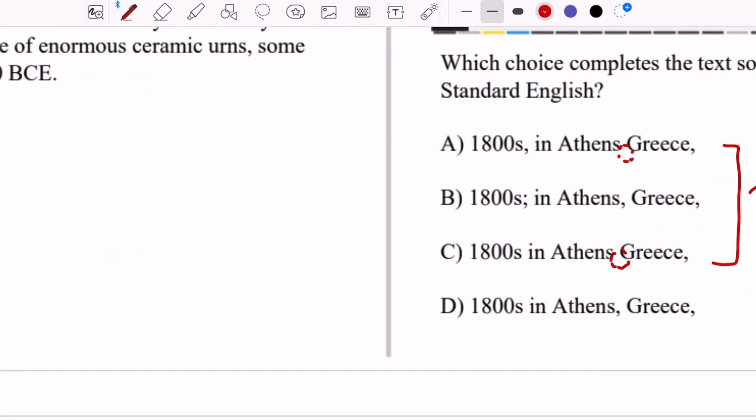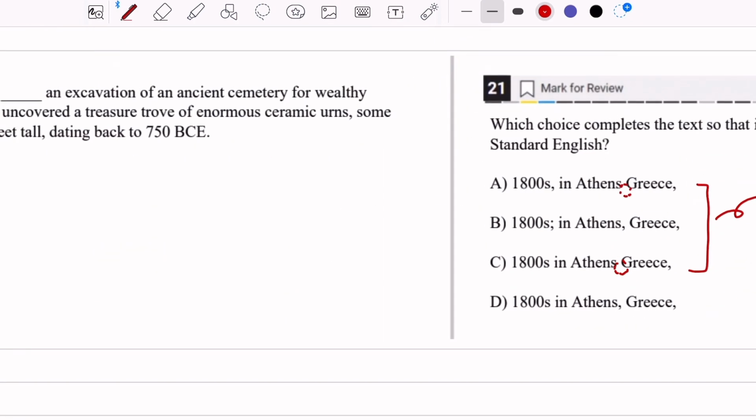And let's see, do we need a semicolon between 1100 and in?